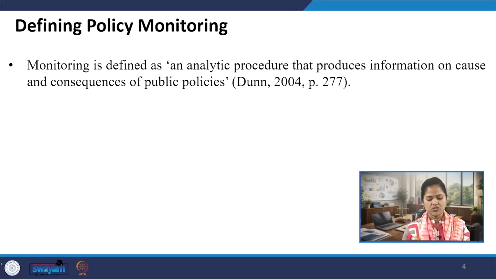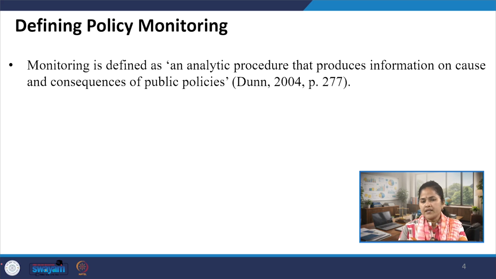But coming to the context of policy monitoring, how is monitoring in the policy context defined? That is what we will be discussing today, following the steps and activities involved in policy monitoring. Okay. So what exactly would be policy monitoring? I would be taking only 2 definitions in order to make you understand what exactly policy monitoring is.